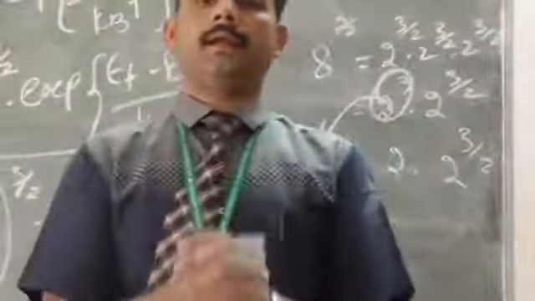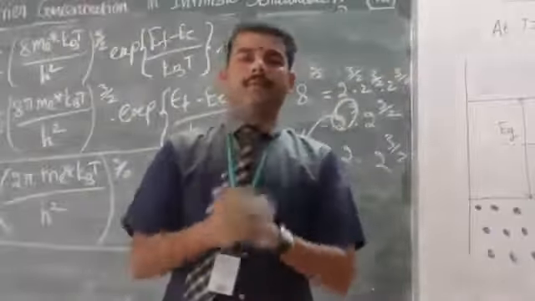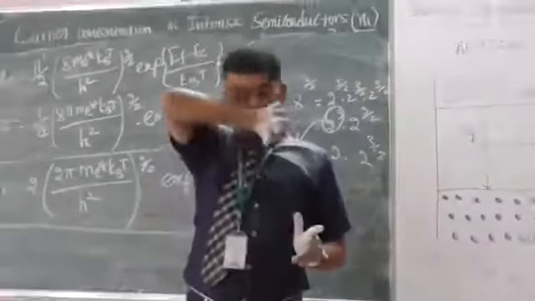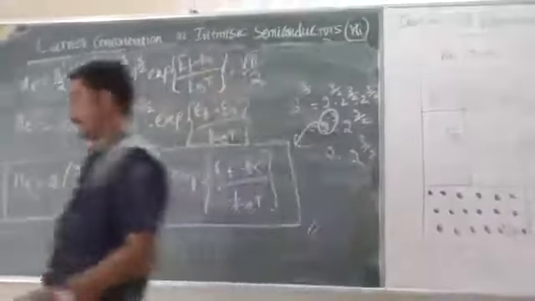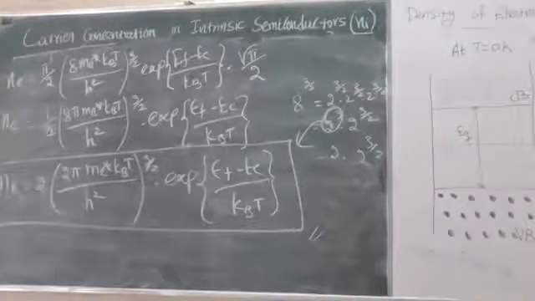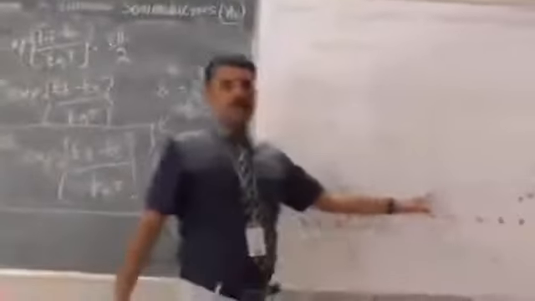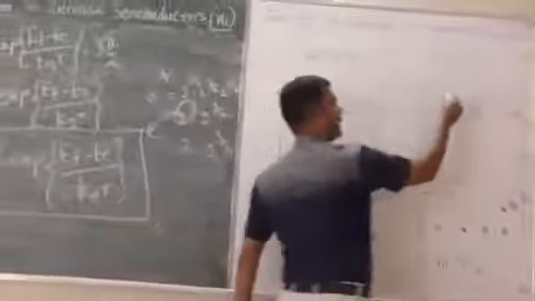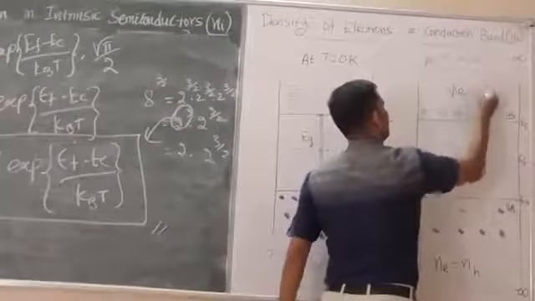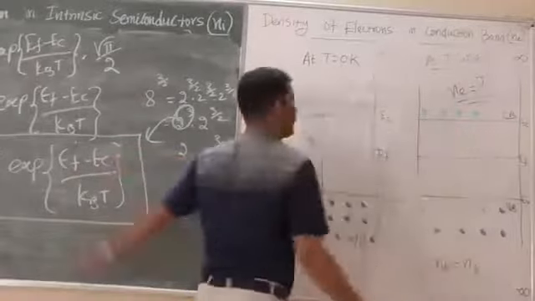we need to calculate the number of electrons in the conduction band. If you need to calculate the number of holes in the valence band, come here, right? So we have calculated this and here we have calculated.